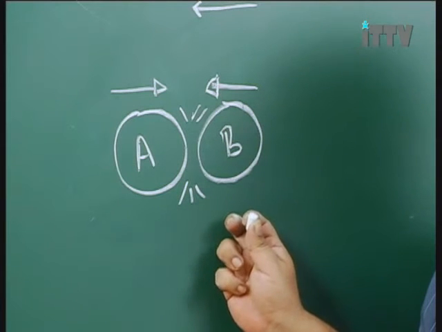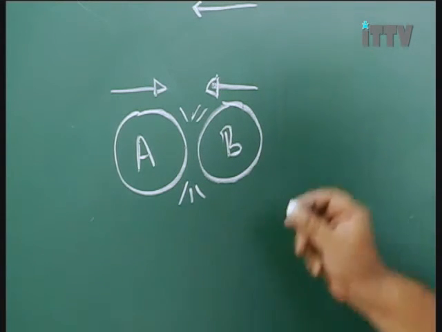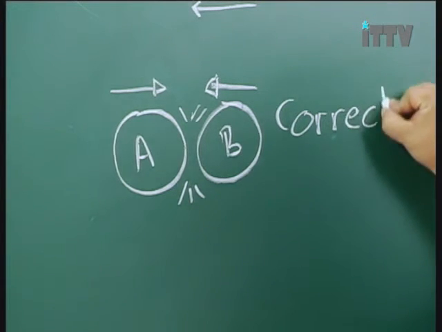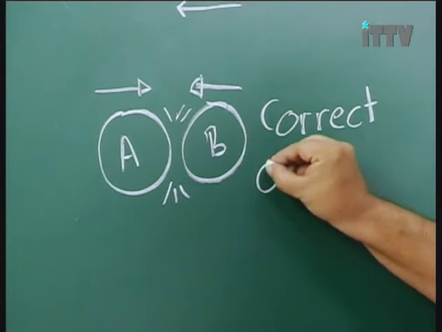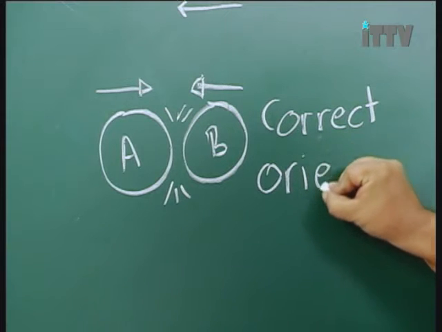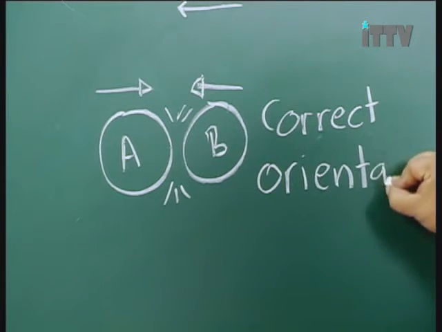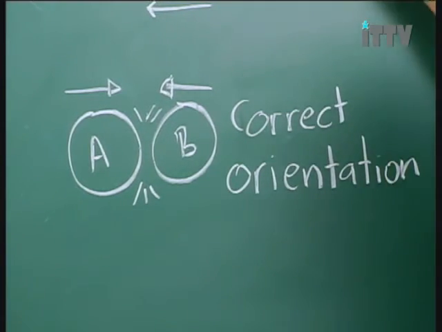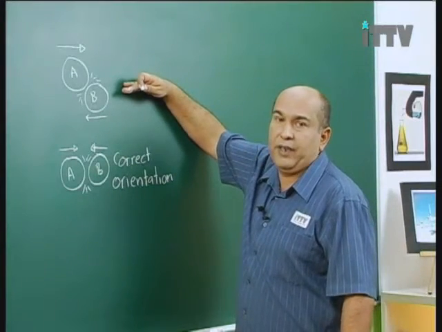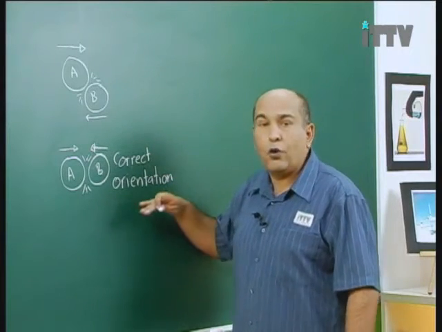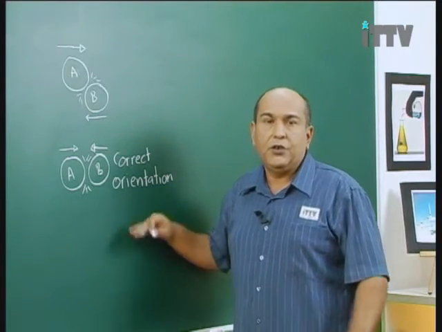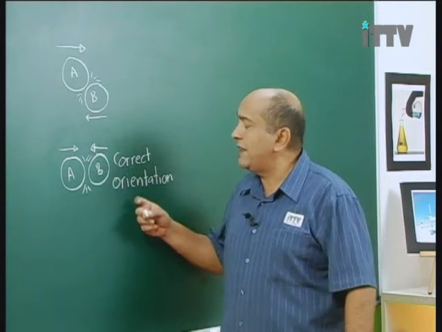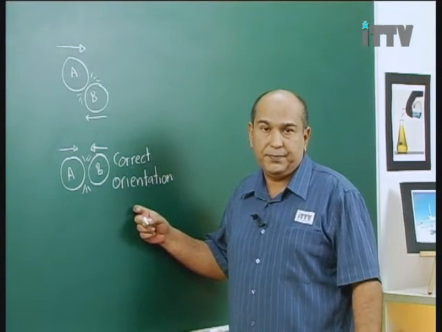So this is what we mean by correct orientation. This on top is not the correct orientation. This is the correct orientation. So the first thing you need for an effective collision is you must have the correct orientation.